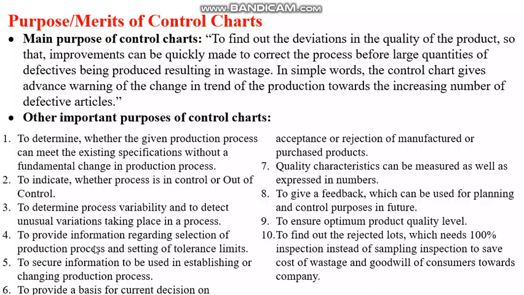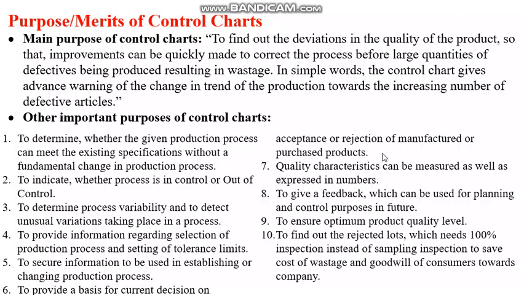Then to provide information regarding selection of the production process and setting of tolerance limits, you can use the control chart. Then to secure information to be used in establishing or changing the production process, if you want to continue with the process or change it, you can use control charts. And to provide a basis for current decisions on acceptance or rejection of manufactured or purchased products.